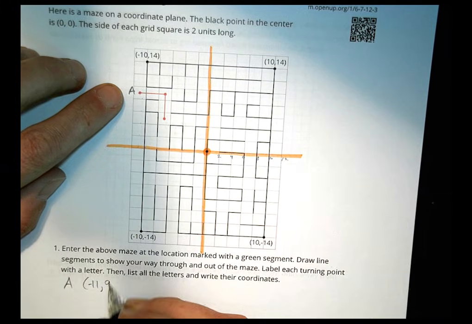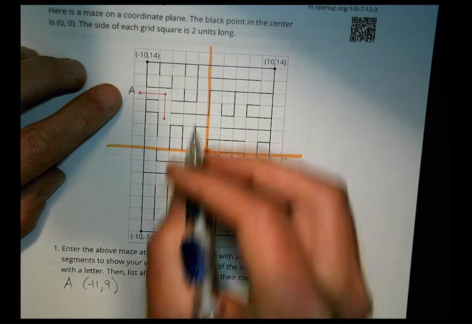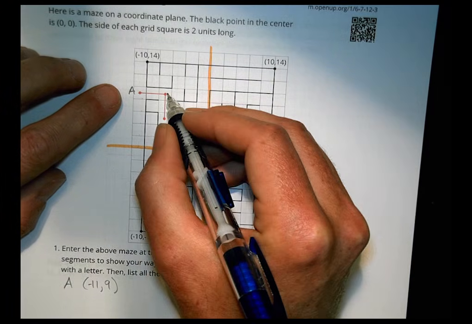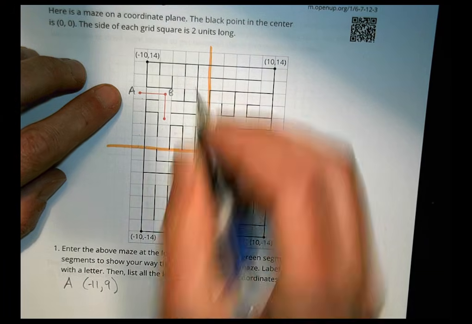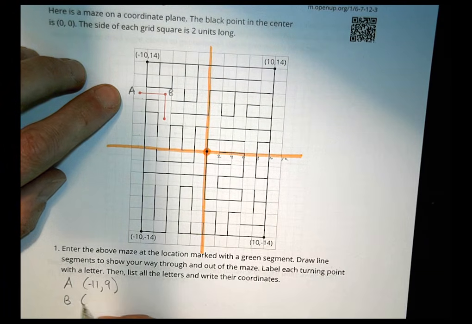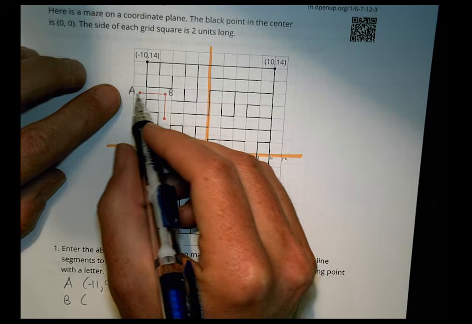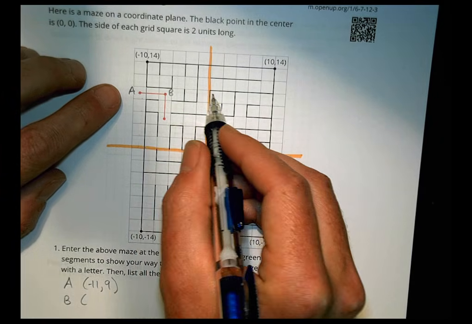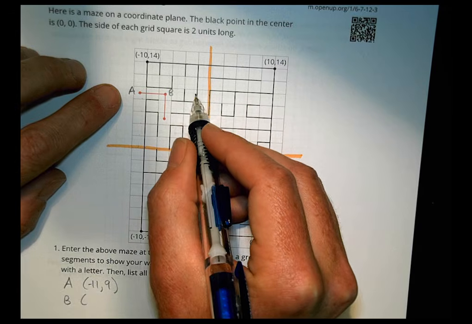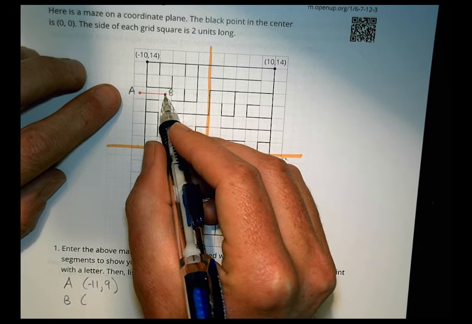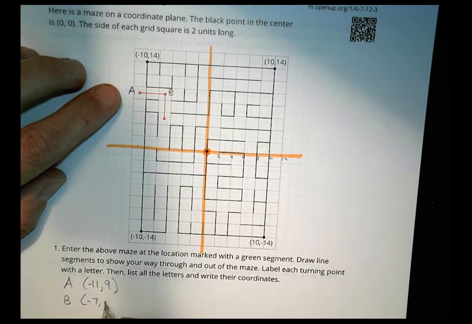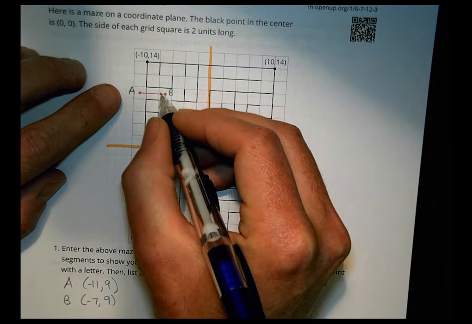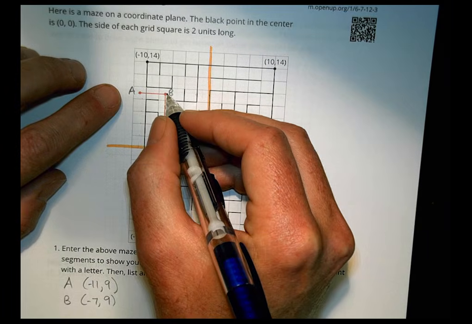So negative 11 comma 9 is where A is, and you can see on the maze they went to this point and turned. So we label that B, and at B our x value has moved this way. So now where are we in relationship to that orange line? We're 2, 4, 6, 7. So we're negative 7, but notice our y value stays the same because we didn't go up or down vertically, we just went across.